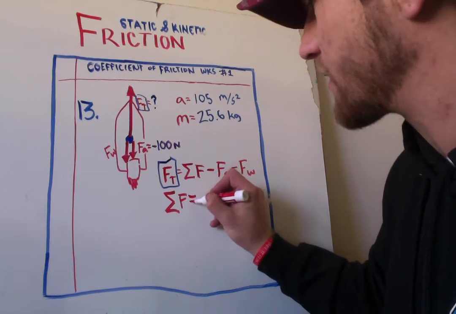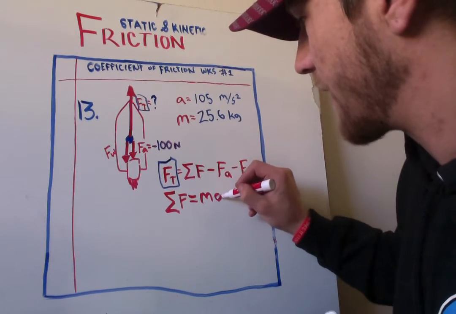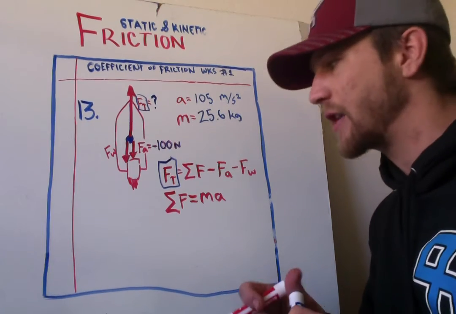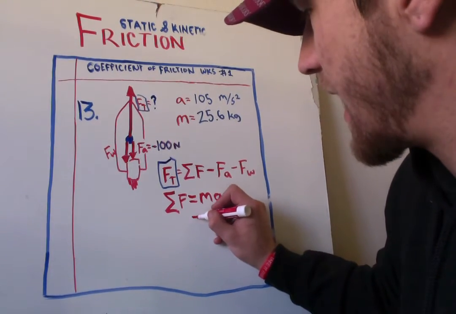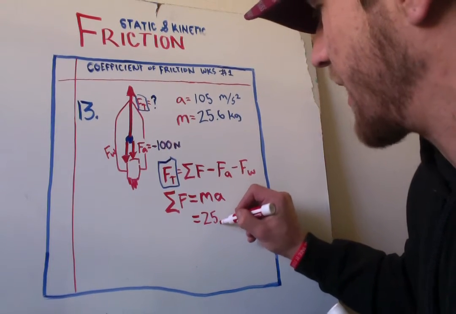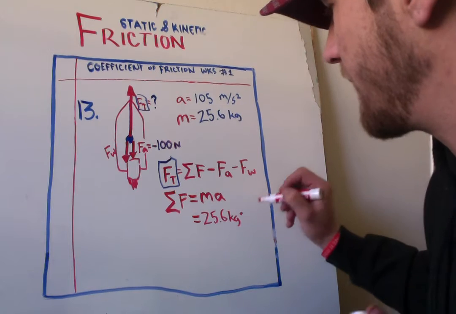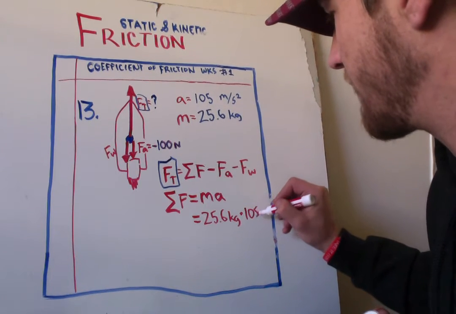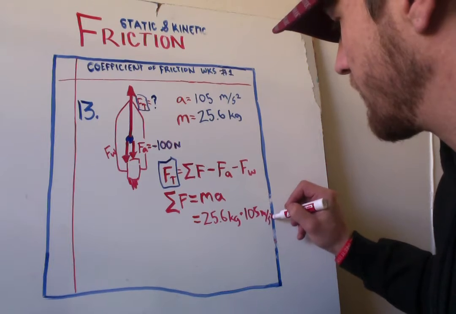And the net force is, remember, the force of anything equals mass times acceleration, right? So we can say that the sum force is 25.6 kilograms, because that's our mass of the rocket, multiplied by the acceleration, which is 105 meters a second squared.